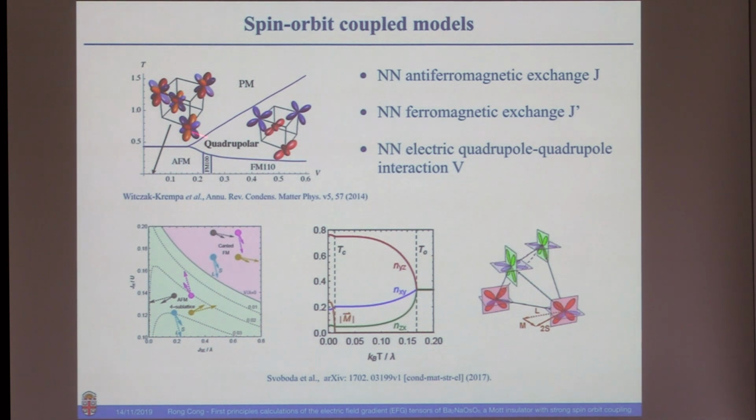They also consider a nearest neighbor electric quadrupole interaction, which proved to be quite important in this system, and they can get an intermediate temperature quadrupolar phase with no magnetization.